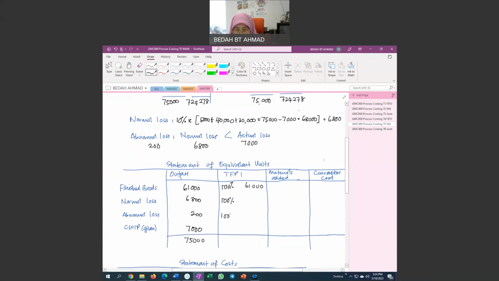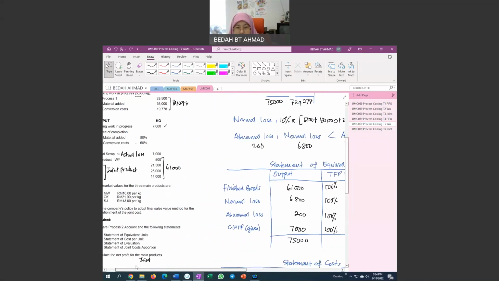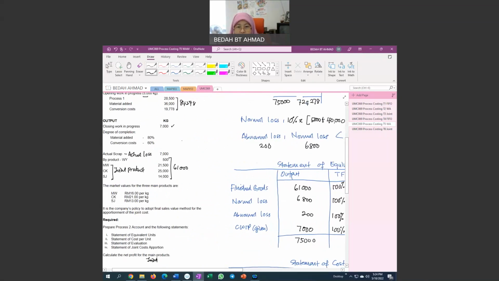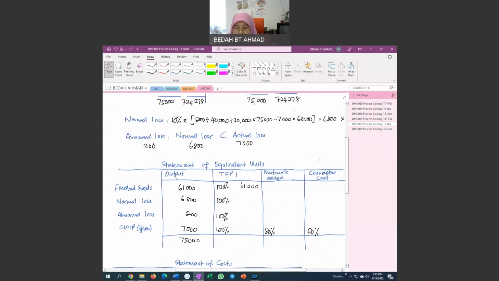So here also is 100%, but here materials added is 80%, and here is 60%. Okay, so the rest I think is 100%. So you can just copy paste the figure. So here 6,800, 200, 7,000.